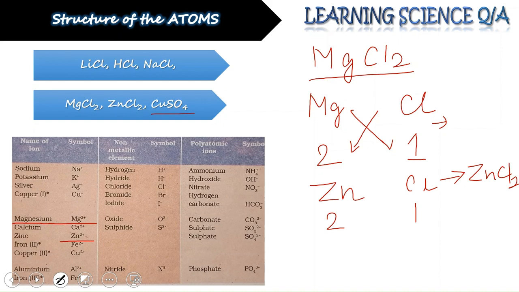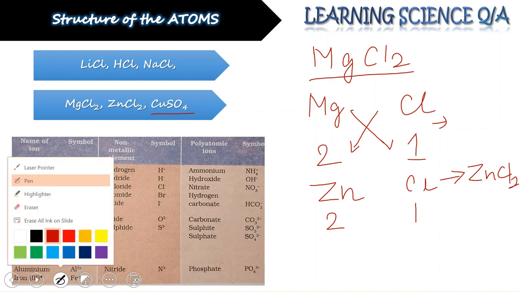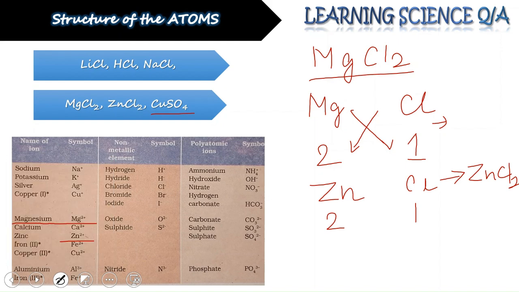There is one more way of understanding this chemical formula writing. Just understand it in this way. We have plus 2 charge on magnesium and minus 1 charge present over the chlorine. Chlorine can take one electron from any element that is available to donate.